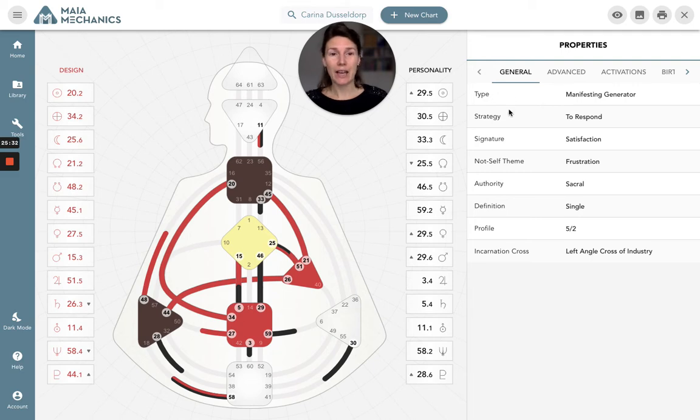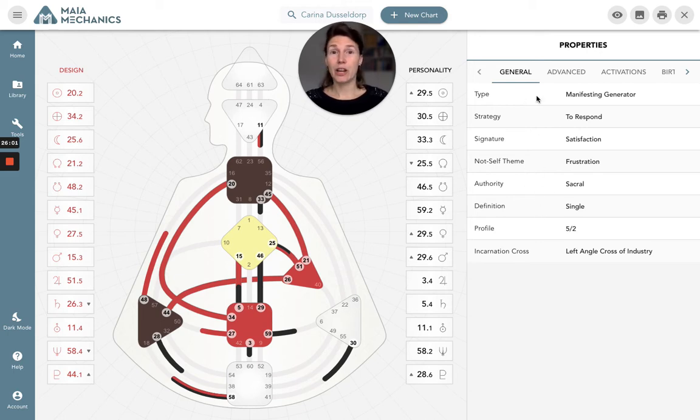So you have the type, the strategy, the signature, the not self theme, authority, definition, profile, incarnation cross. You don't have to remember all of these right away, but these are the basic things you can start with, and mainly the type, the strategy, and authority. And obviously the theme, the signature, and the not self are also handy.